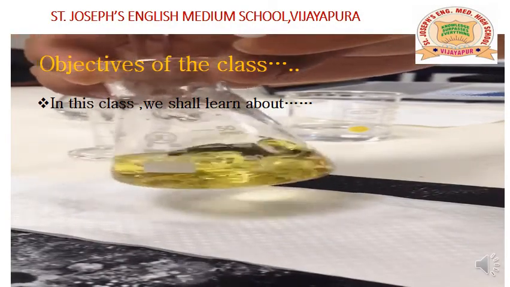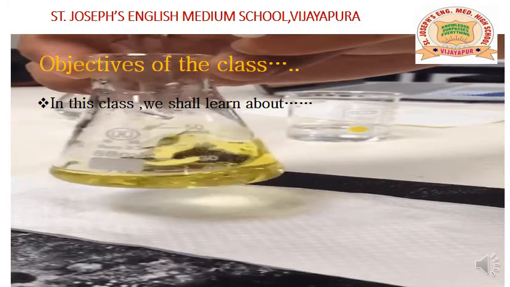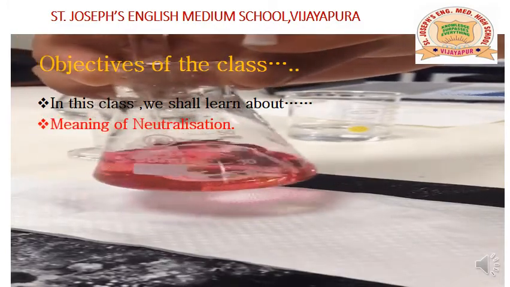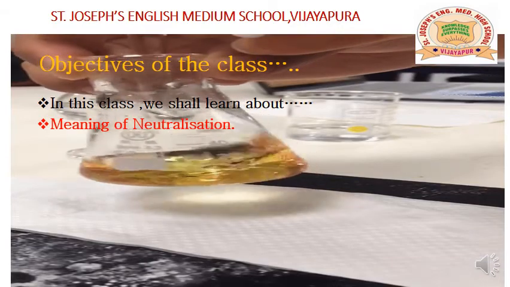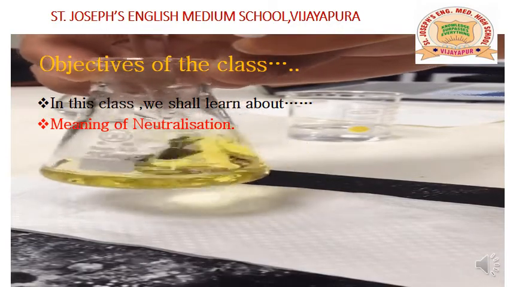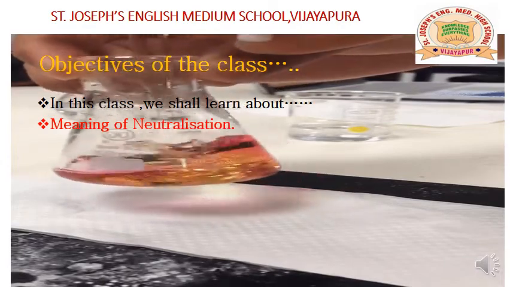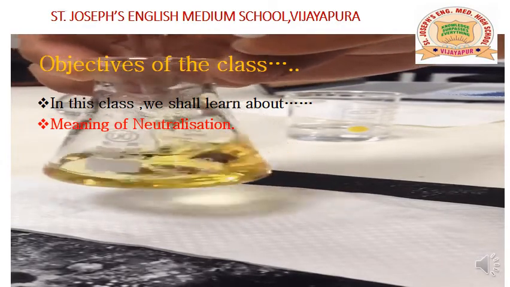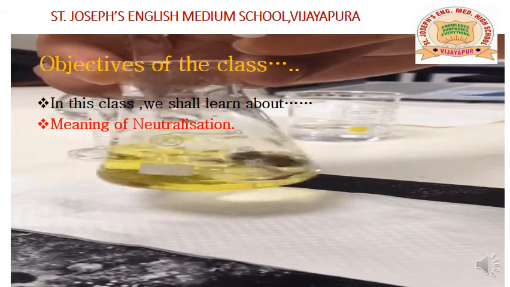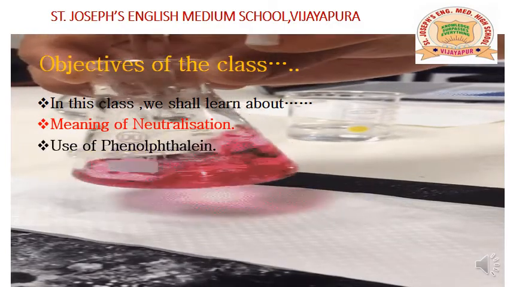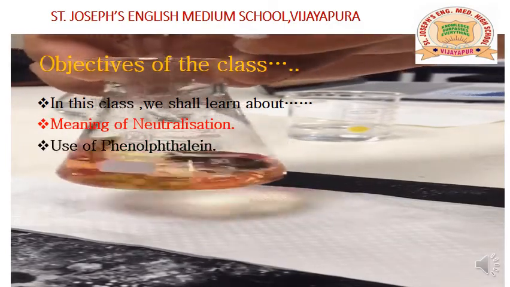In this class, we shall learn about the meaning of neutralization. What is neutralization? We have learnt about acids, bases, the pH scale and indicators. Now we are going to learn about neutralization. Use of phenolphthalein.